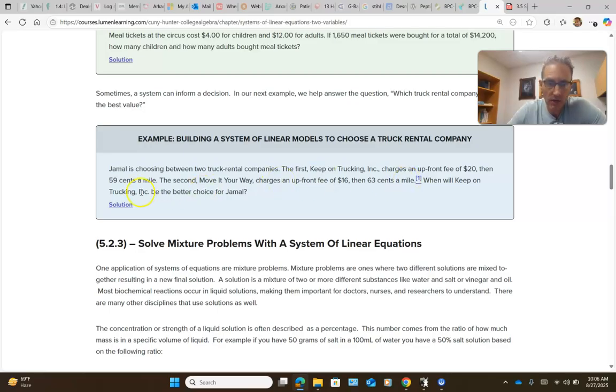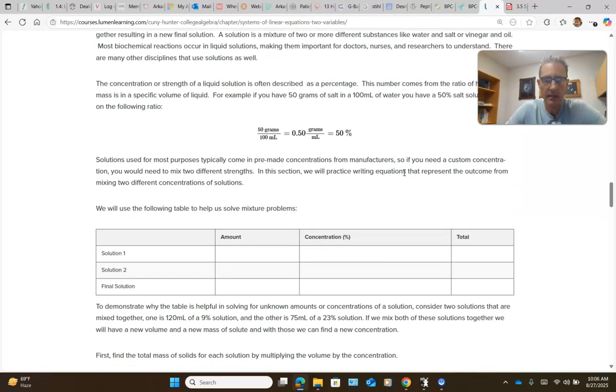You can solve it, and that solution will be the number of miles for which the 2 companies cost the same. And then if you exceed that number of miles, one company is going to end up being cheaper than the other company. But if you don't exceed that number of miles, the other company will actually be cheaper. So that would be a good problem. And then here's another one.